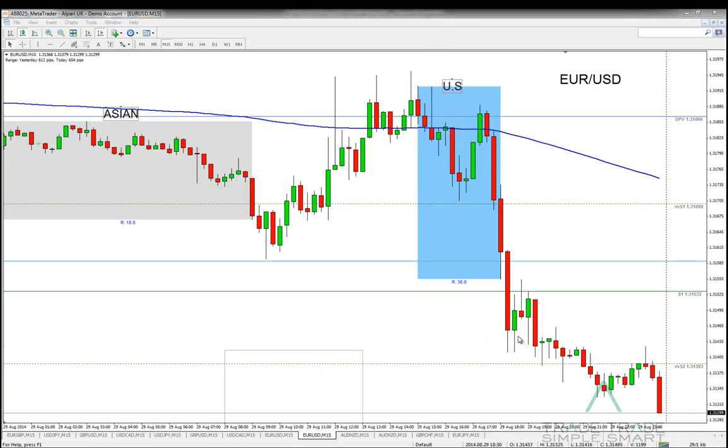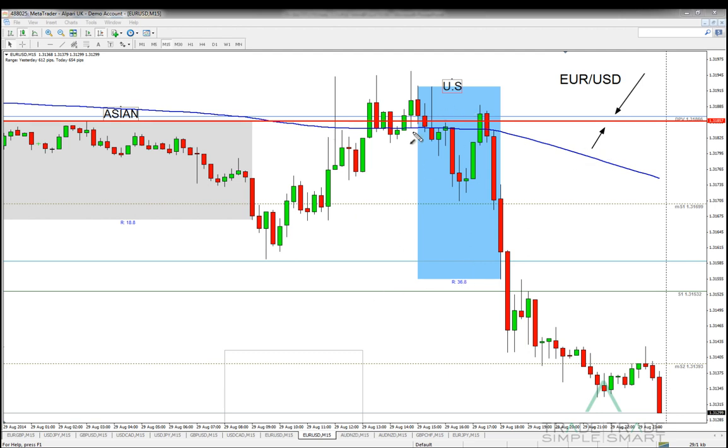In this next example, we're looking at the euro dollar, and again I've plotted the daily pivot points for the current day's trading, and we have the central pivot point coming at 131.866. So if I mark off the Asian highs, we can see that both the current day's Asian highs and also the central pivot point fall together within a relatively narrow price range.